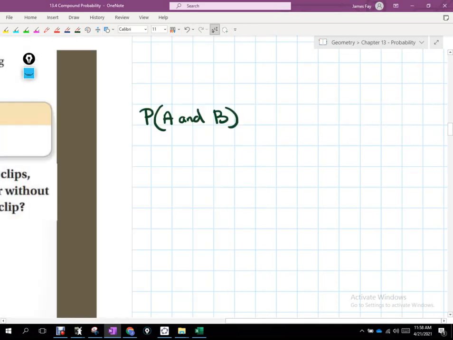And you may have seen this last year when you did inequalities. Have you guys ever seen this symbol? That symbol right there? In inequalities, that refers to the word intersection. It still means intersection here as well, but it's both things happening.